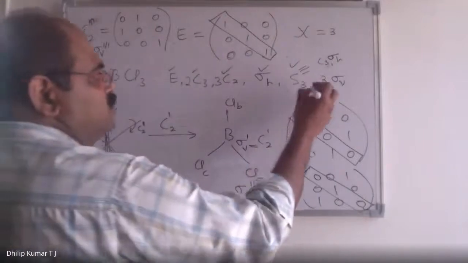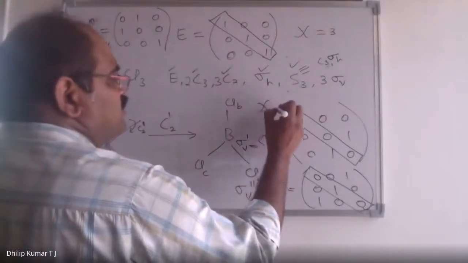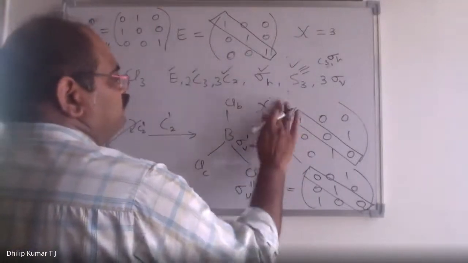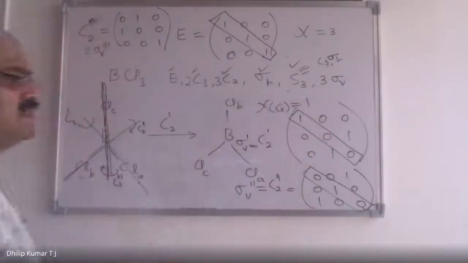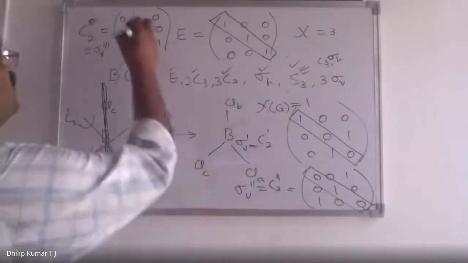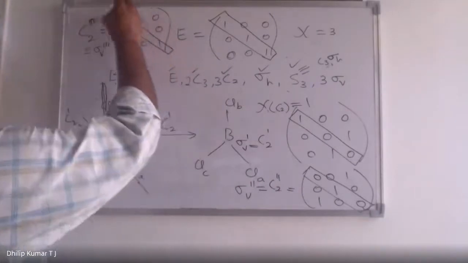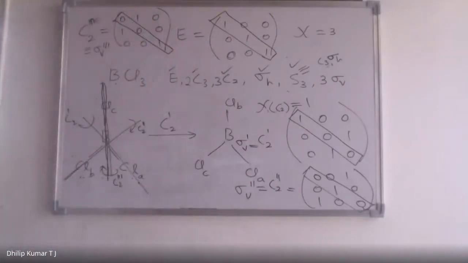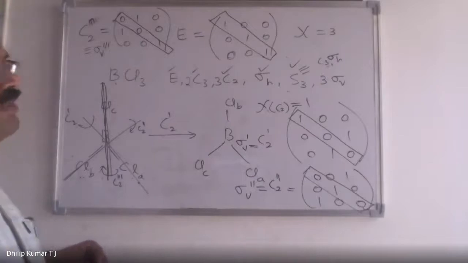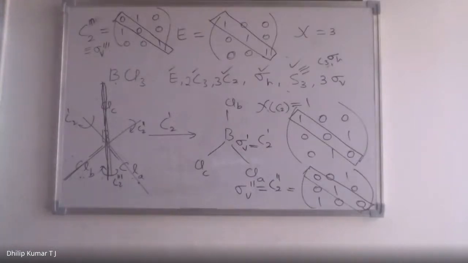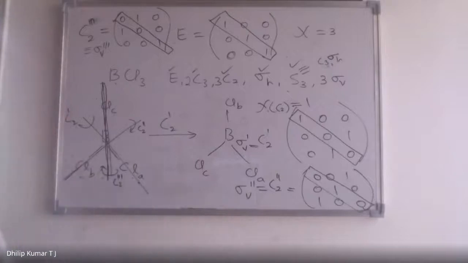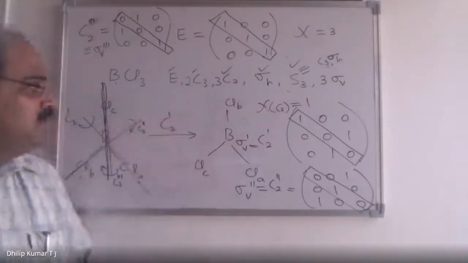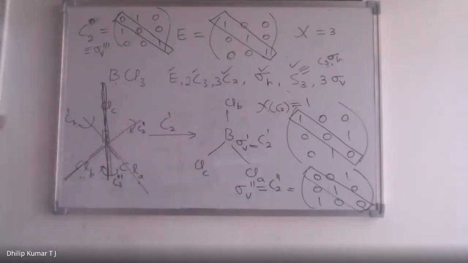And for C2, chi of C2 is 1. It's a 1 for every C2. You can see here also, all C2s will have 1. Similarly, you can have it for C3. For C3, it was coming all 0. To check it, I erased it, but for C3, because you are rotating, right?